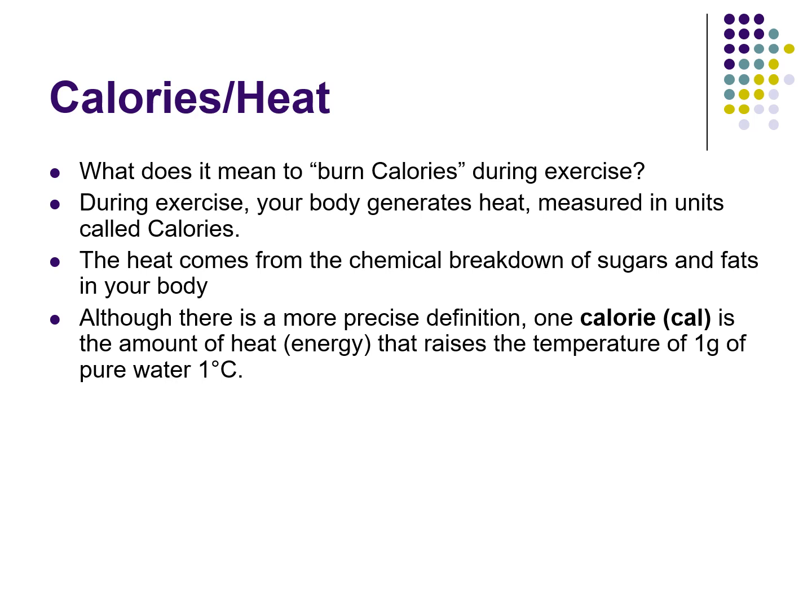Now, although there is a better definition, which you'll learn in physics, 1 calorie, notice the lowercase c there, is the amount of heat or energy needed to raise the temperature of 1 gram of water 1 degree Celsius. Unfortunately, because here in America we do everything we can to avoid using the metric system, a calorie is different from a calorie.